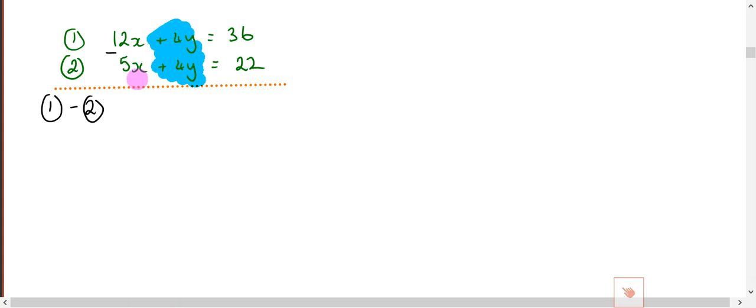What's 12x minus 5x? 7x. I'm not going to bother with plus 0 anymore. I'm going to move past that stage. Carry on putting it if you like, but I think we know we are eliminating the y's. And then 7x is equal to 36 minus 22.